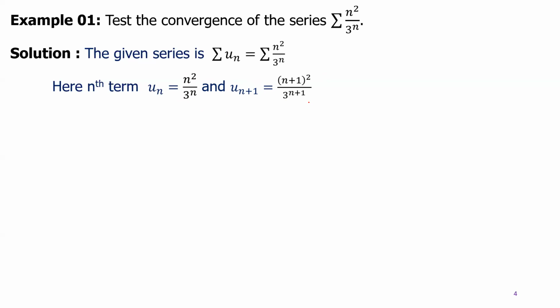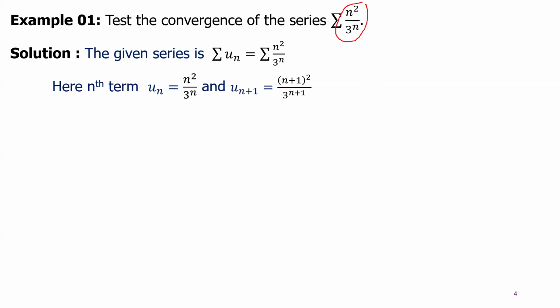Now, there is a question here. Can we apply the geometric series test over here, or the P series test, or Cauchy's nth root test, or the comparison test? Definitely, we cannot use the geometric series test because this series is not in the form of a geometric series.